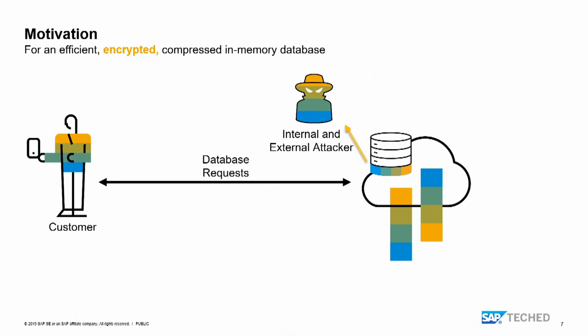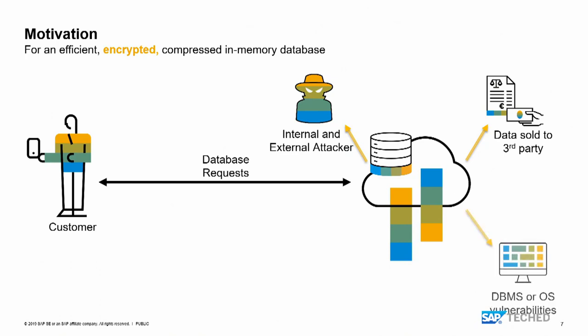First, there might be internal and external attackers. For example, administrators that are just a little bit too curious, or hackers that try to steal your data. The cloud provider could think, oh, I now have all this nice data, let's put some analyzers on that and sell the data, or sell the data directly. The customer obviously does not want that.